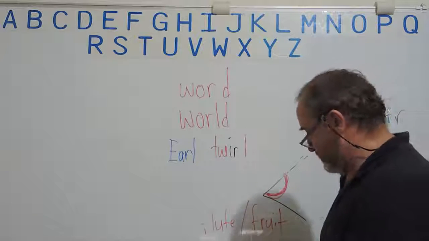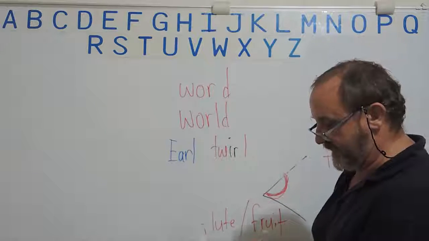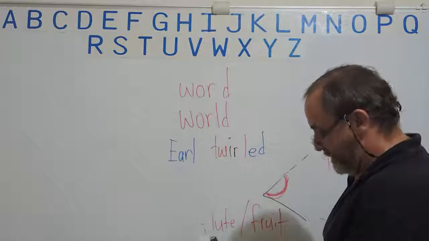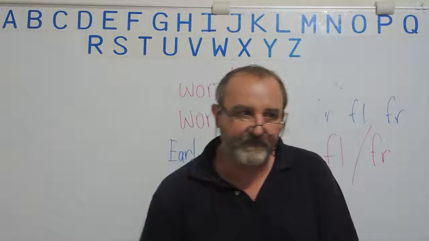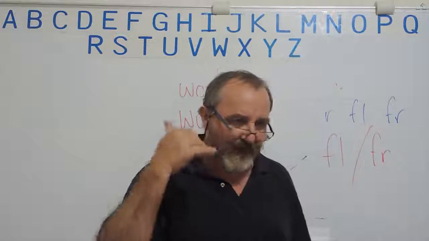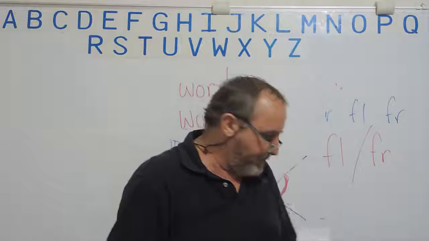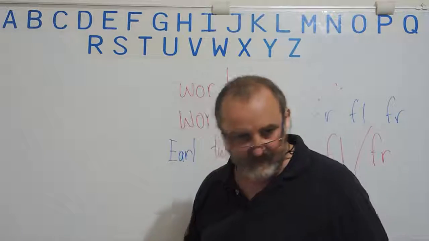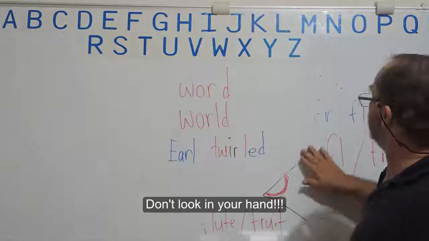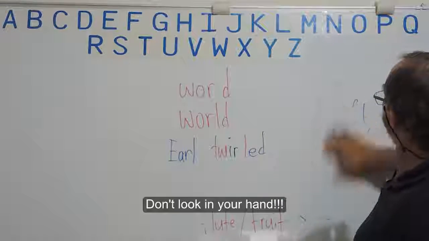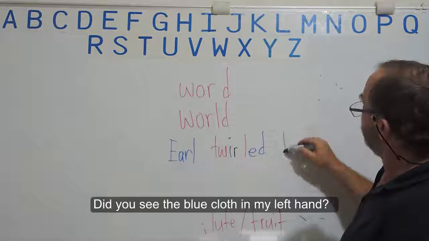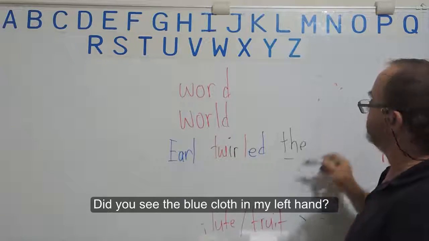Let's put an ED on there. Oh, that's black. Let's get blue. Earl twirled. And I thought of, like I said, Atlas. Atlas held up the earth, or he held up the world. And if I could just find my cloth, I would use it. But since I can't, I will do what I usually do in the classroom when I can't find it and use my hand. Earl twirled the... there's that TH. Remember, sometimes the.